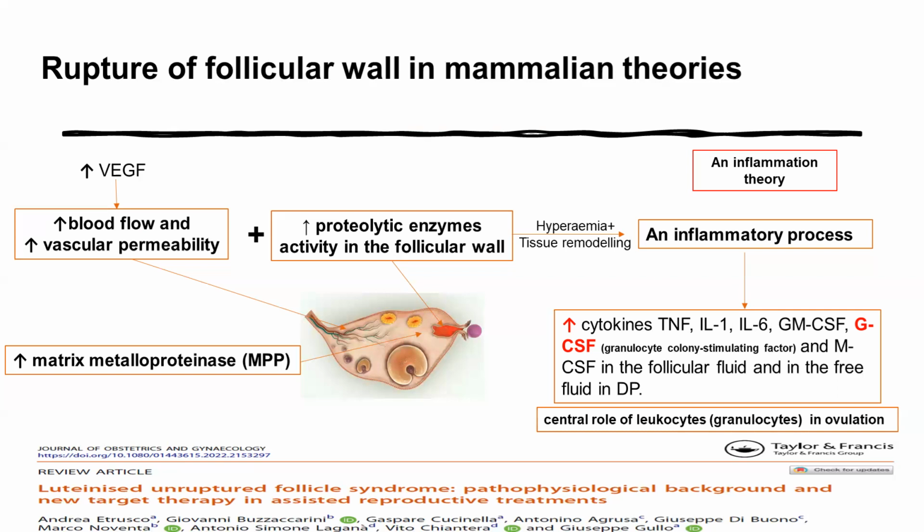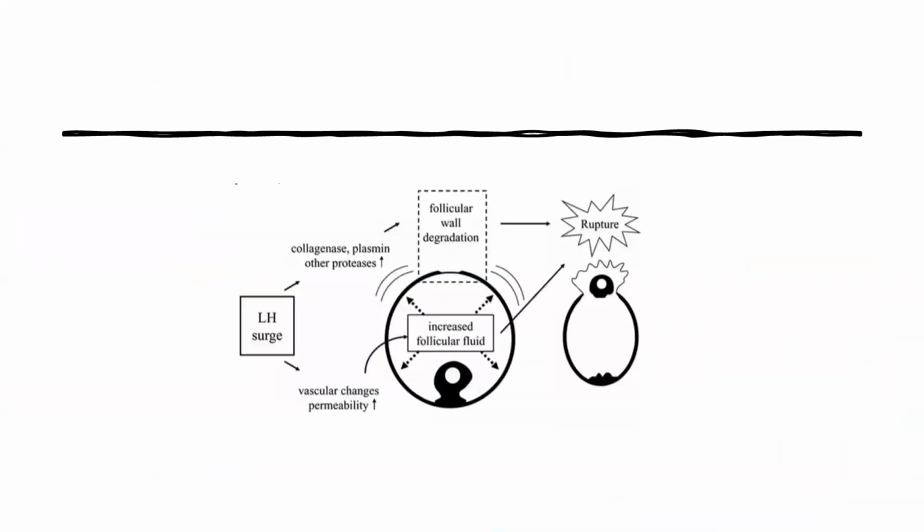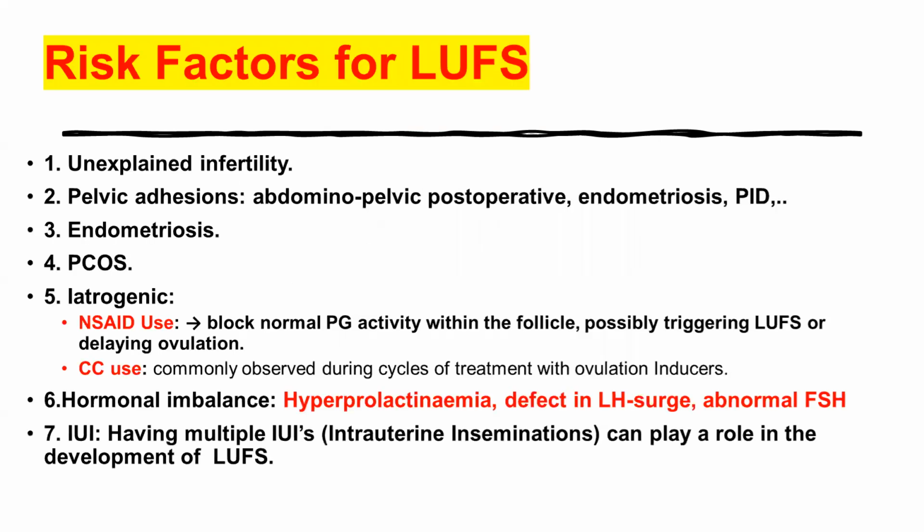So these concentrations in the fluid of the follicle and in the pouch of Douglas highlight the central role of leukocytes or granulocytes in ovulation. And this is a figure of how ovulation occurs by increased follicular fluid, increased vascular permeability, and increased cytokines, and all these lead to follicular wall degeneration and subsequent rupture.